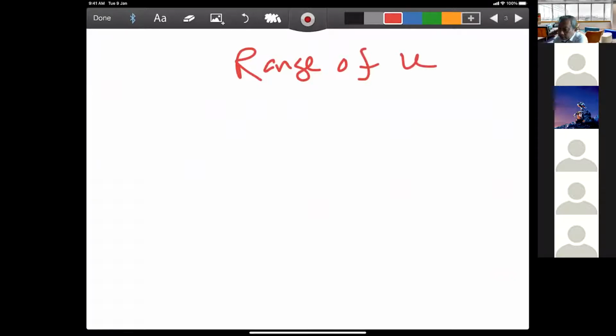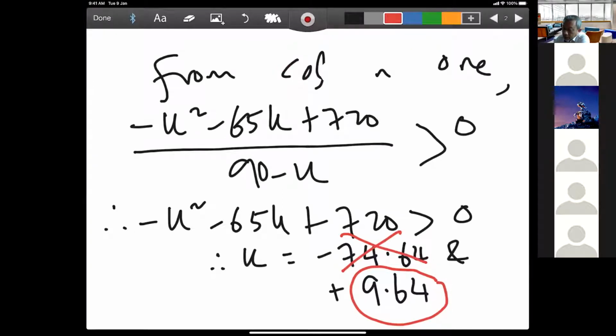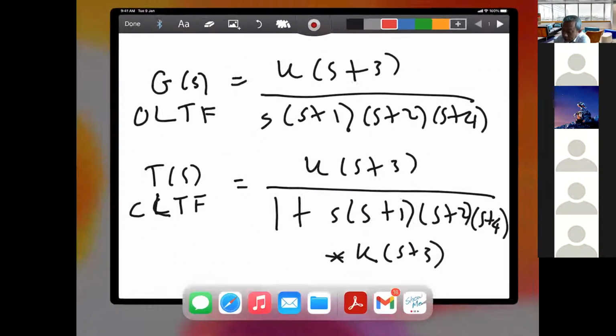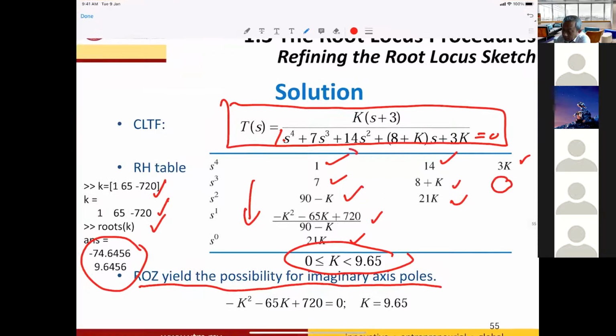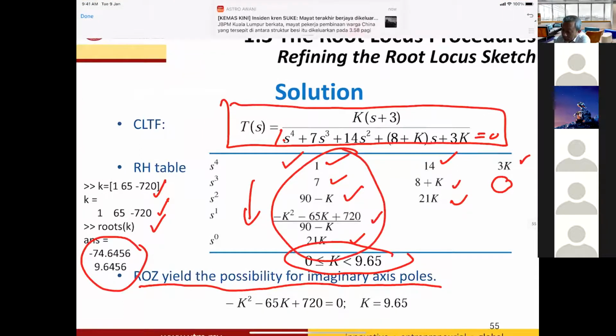Because here we take everything from the first column, column 1, in the notes. 1 is a positive number, 7 positive, 90 minus K greater than 0 positive, minus K square and so on greater than 0 positive, 21K greater than 0 positive.